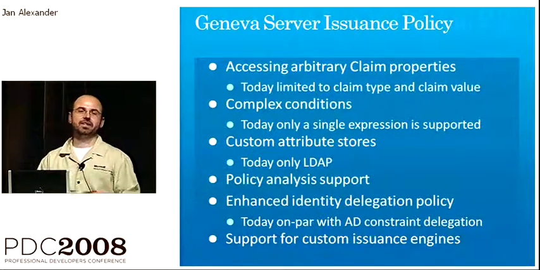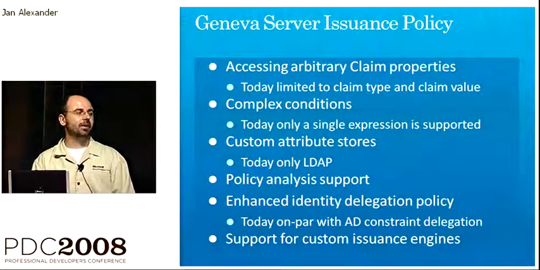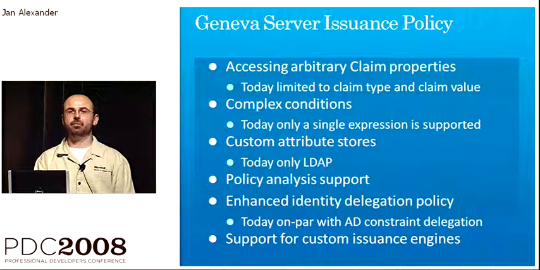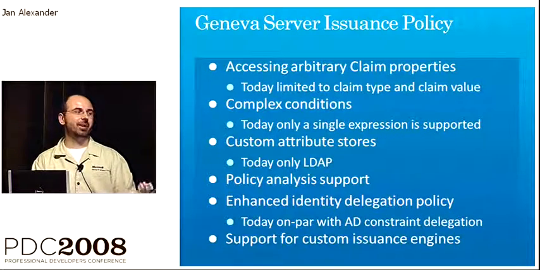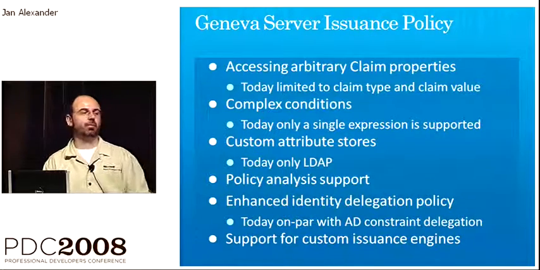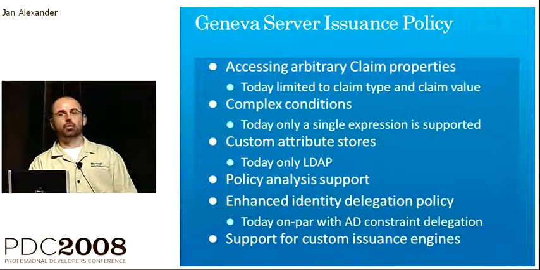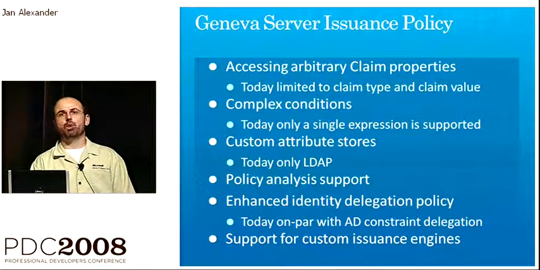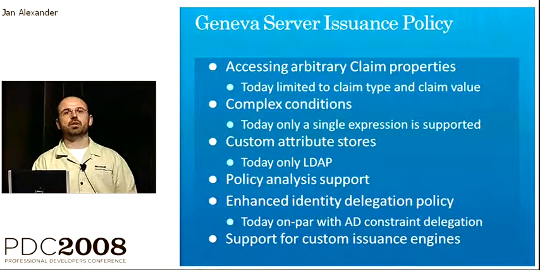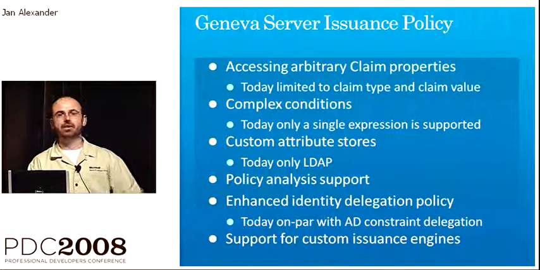On the Geneva server side, we have some enhancements that we want to make. One thing is the policy language I showed you. In the XML, you can access only certain properties on claims. We want to be able to access more properties and ask for more complex things, like you have to authenticate with X509 and have this username in order to get this claim.